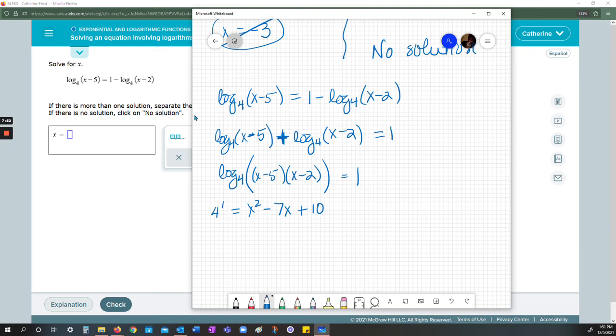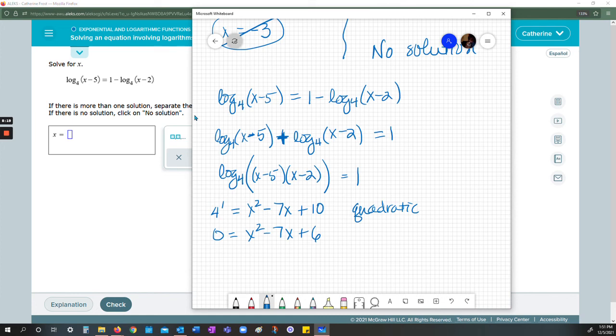So we're going to have this 4 here. So notice we have a quadratic, right? So you're either going to get a quadratic or a rational equation, probably. So we need to get that 4 over with the 10, so we have 0 on one side, and we can solve by factoring. So subtracting 4 from both sides would give us 0 equals x squared minus 7x plus 6. 10 minus 4 is 6.